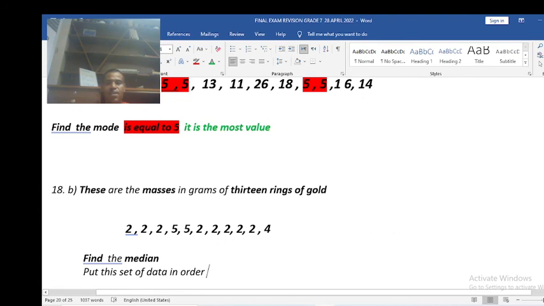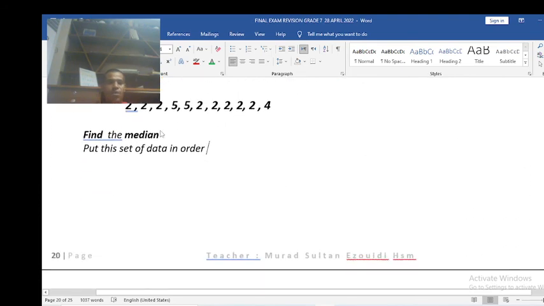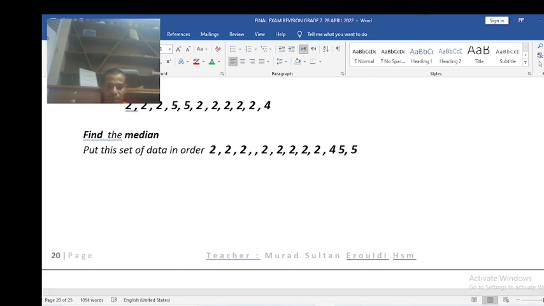I will just write this. I will use this one again. Okay. Then I'm going to paste it here. So I will cut this and put them here. Now I put my numbers in order of sizes.